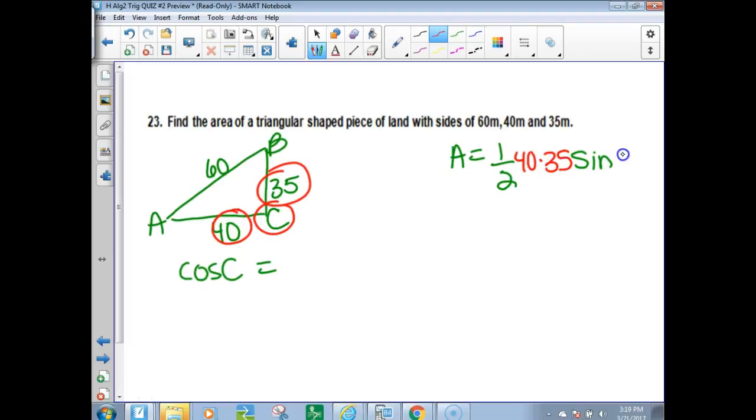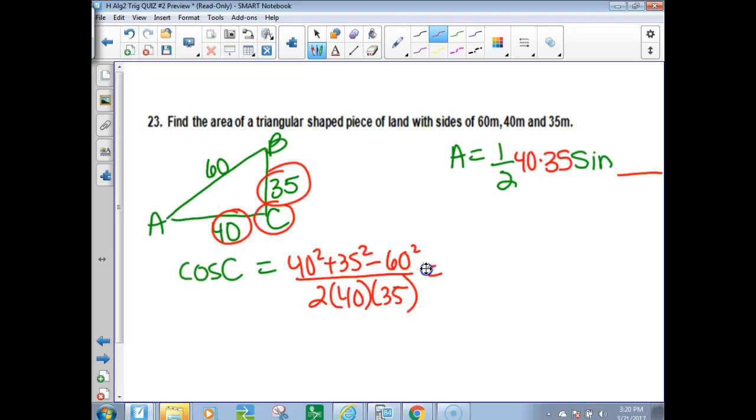And I got to find angle C now, so I can fill it into the area formula. The cosine of C would be adjacent leg 40 squared plus the other adjacent leg 35 squared minus the side opposite squared all over 2 times the product of the 2 adjacent sides.